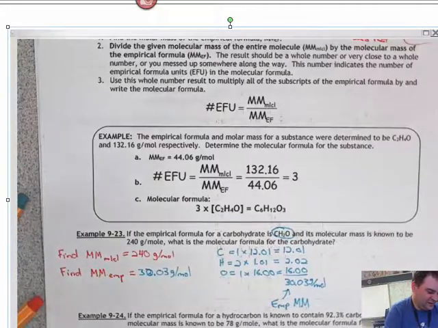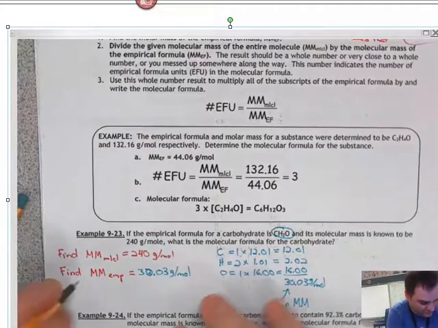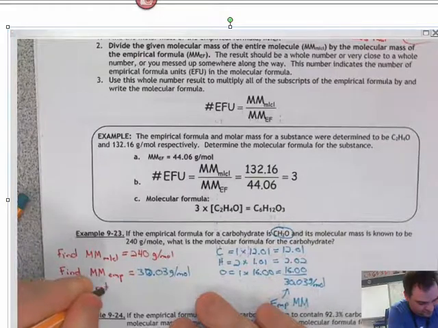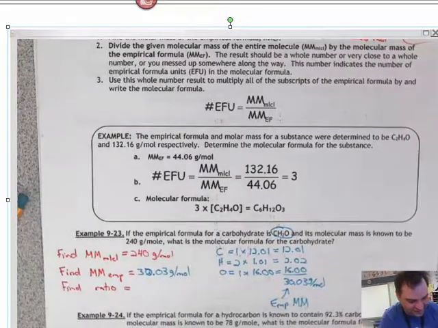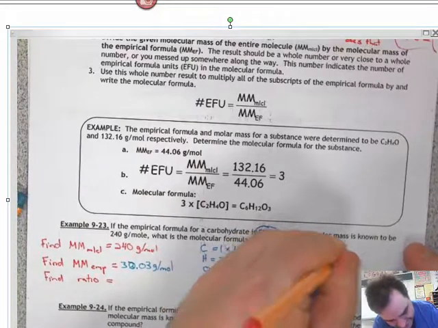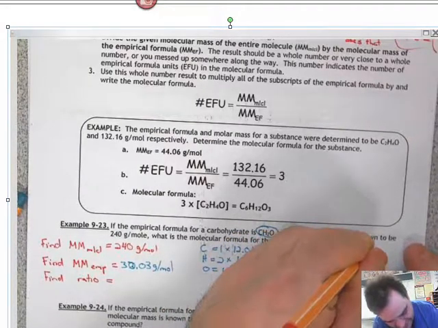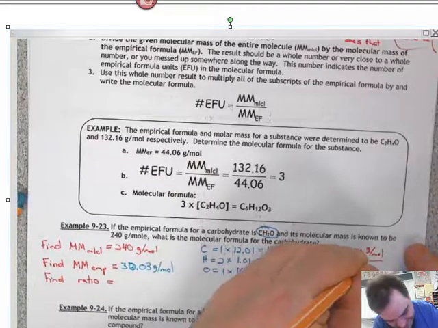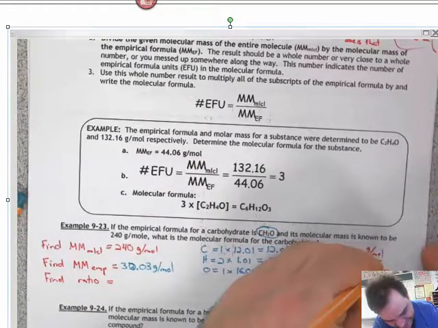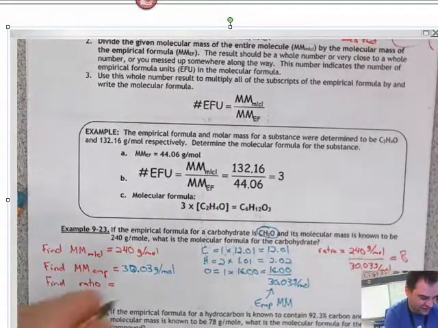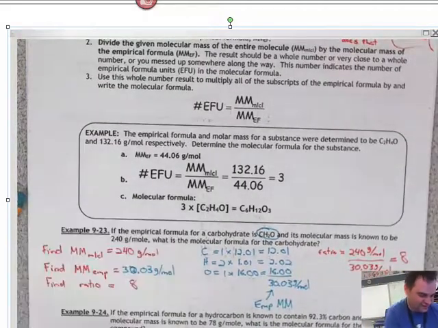Okay. Step 3. Find ratio. So the ratio here is going to be 240 grams per mole divided by 30.03 grams per mole. That comes out to 8. So the ratio here is 8.